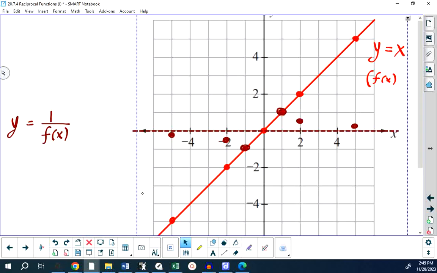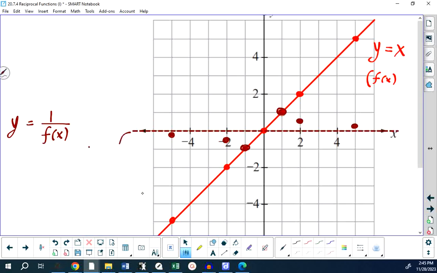Now this dotted line is called a horizontal asymptote. It's a weird word. It is not part of the graph, it's just telling you that the graph is going to get closer and closer to that line near the ends of that line. Where are the ends of that line? Infinity and negative infinity. It goes on forever.